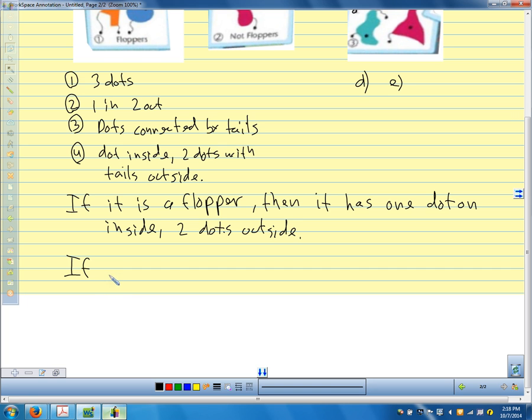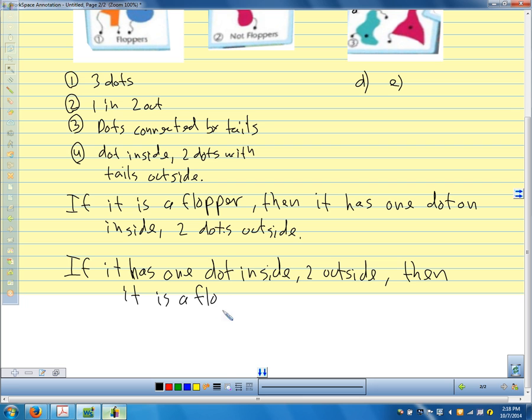If it has one dot inside and two outside, then it is a flopper. Is this converse true? If it has one dot inside and two outside, then it is a flopper? Yeah? So we have our conditional statement, true.